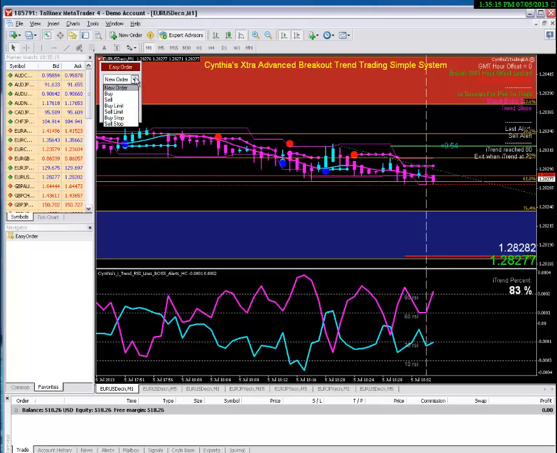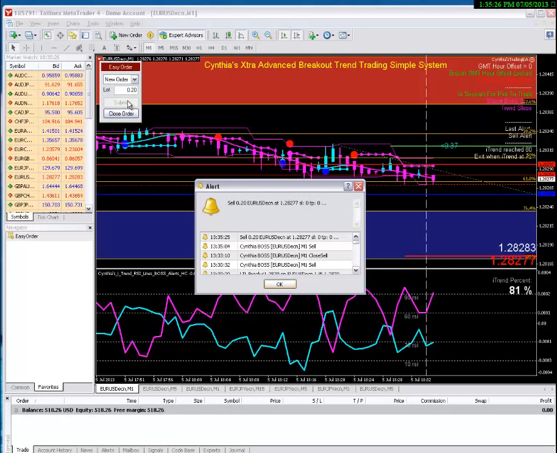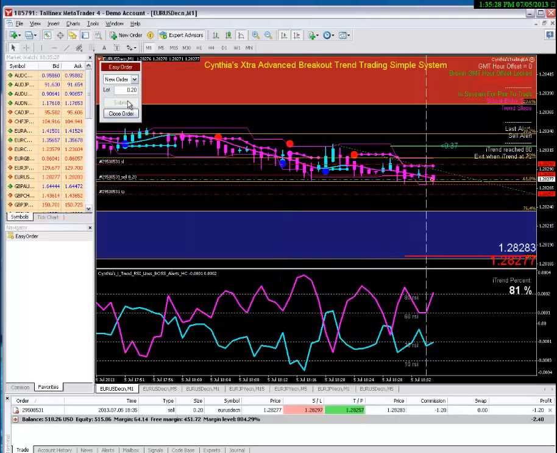So here's what you do. Let's just put on a trade. Let's press sell. Whoops, I want it to be not risk based, I want it to be a lot size, 0.20. Click submit. It places the order, and I'm going to refresh my lines because I've been trading.